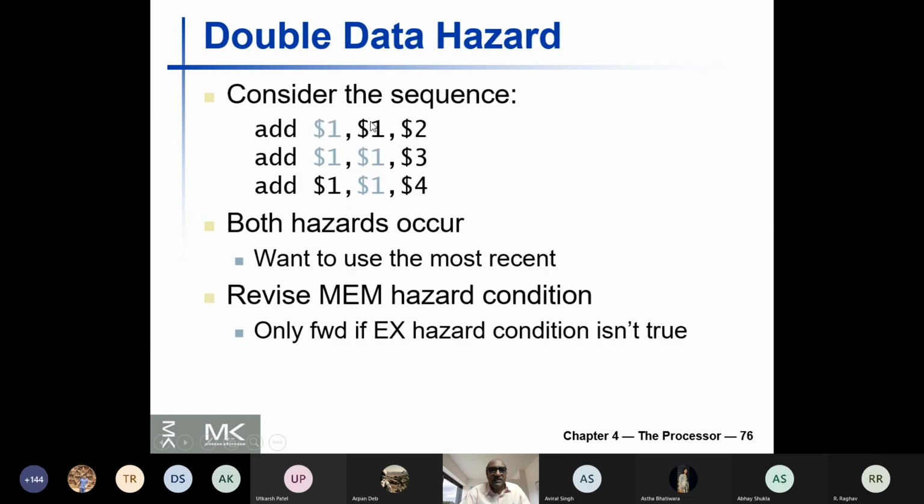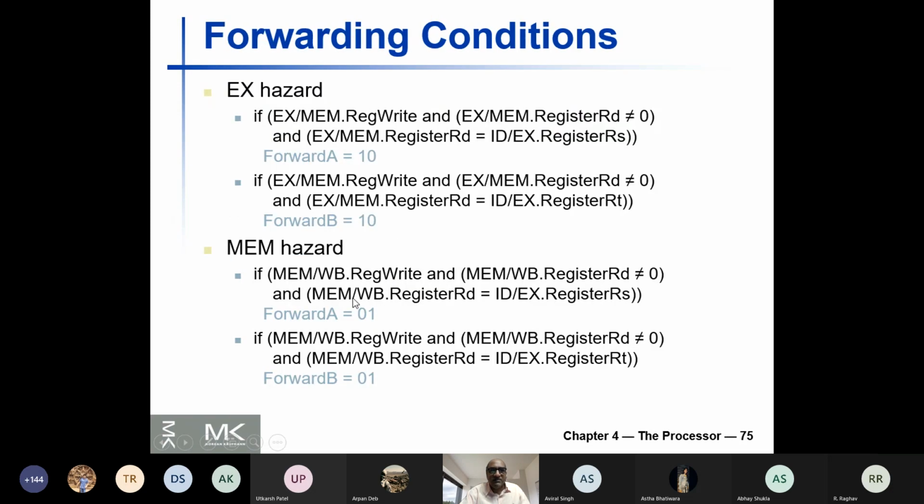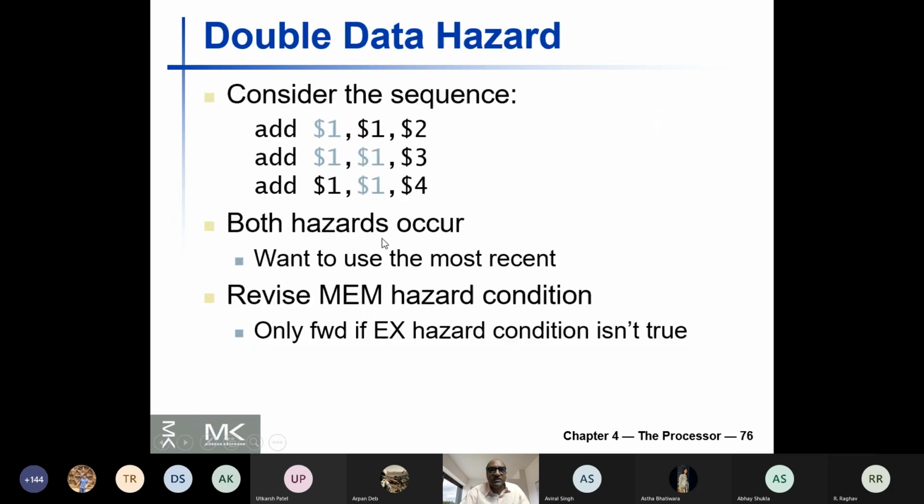But in this scenario, both conditions will be satisfied, because if you look at the kind of instructions here, in both cases the destination register is the same. The latest value to be considered by the third instruction will be from its immediately previous instruction.